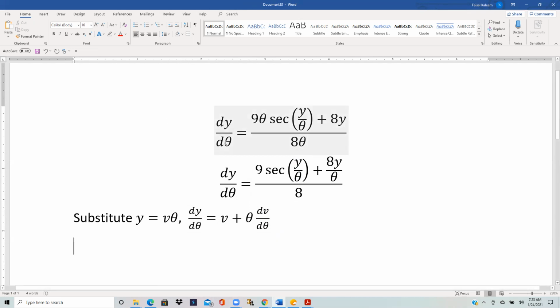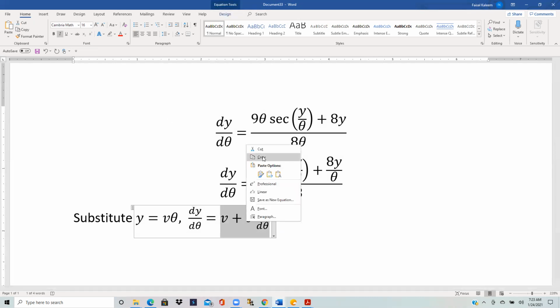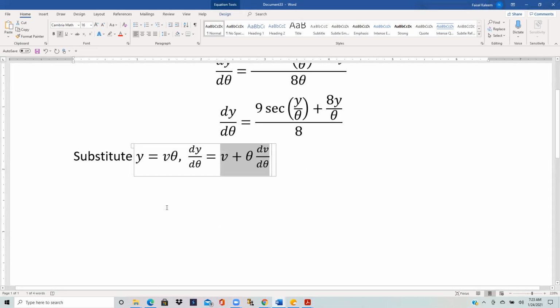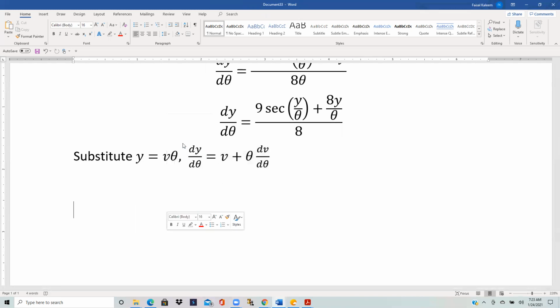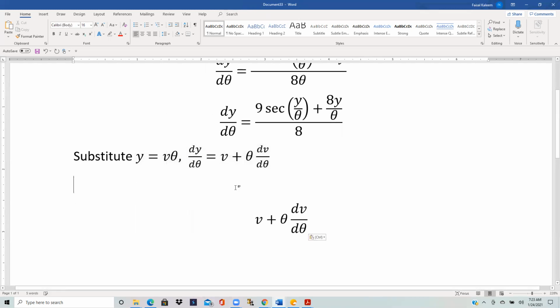dy over d theta will be replaced with v plus theta dv by d theta. You can even look at this one because this is more simplified. So I've replaced dy over d theta by v plus theta dv over d theta, and here it will be 9.